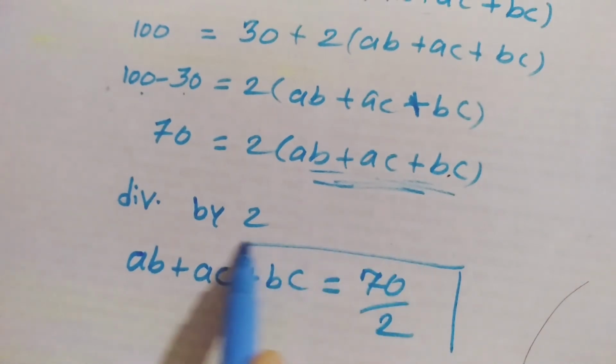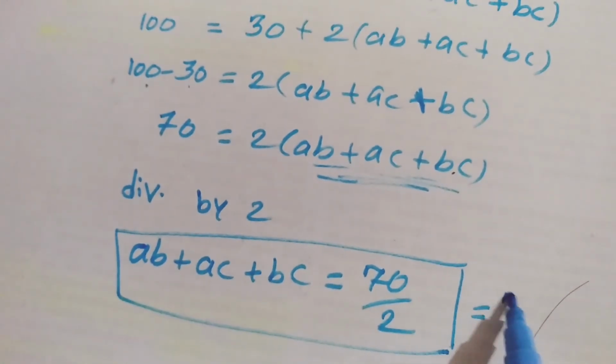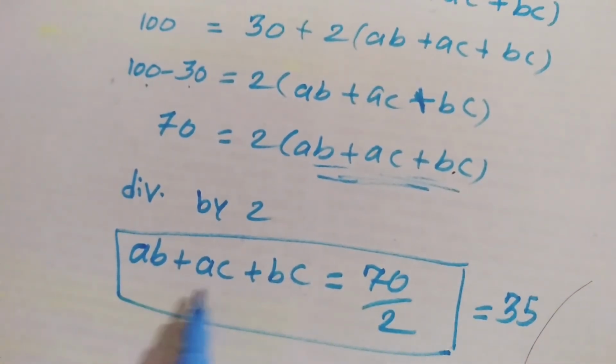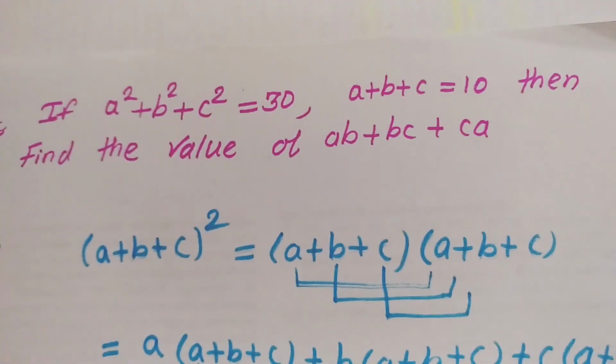So the answer of our question is 70 by 2. You can again simplify this. 70 by 2 is nothing but 35. So the answer is 35. This is the answer of our question.